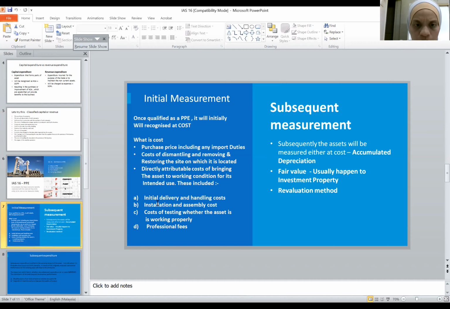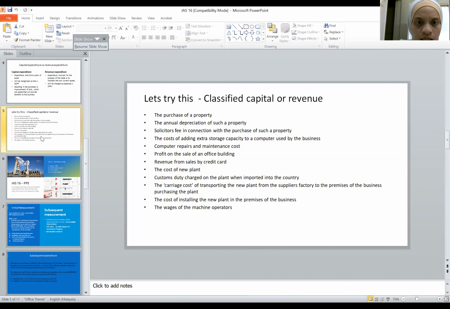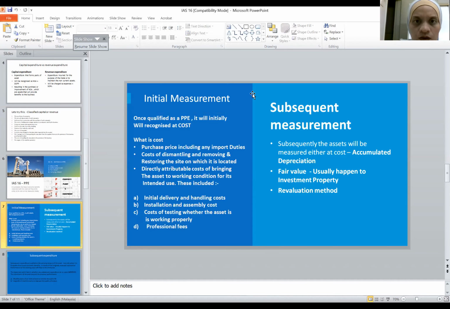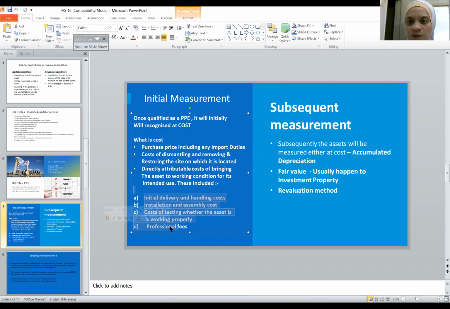So initial delivery and handling cost, installation and assembly cost, cost of testing whether the asset is working properly, and also the professional fees. Professional fees tadi referring to the solicitor's fee. All of this is basically your capital expenditure lah.